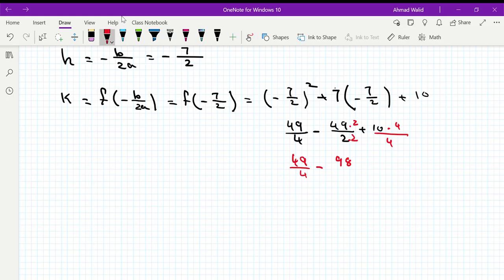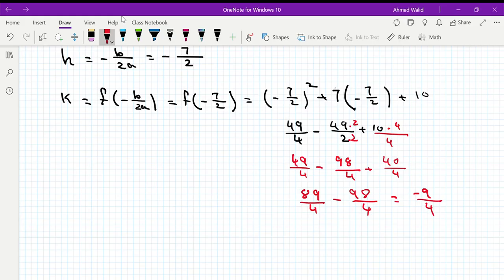98, right? Over 4 plus 4 times 10 gives you 40 over 4. Now 40 plus 49 gives you 89 over 4 minus 98 over 4, which gives you 98 minus 89. 18 minus 9 gives you 9, and negative 9, because this one is bigger, over 4.